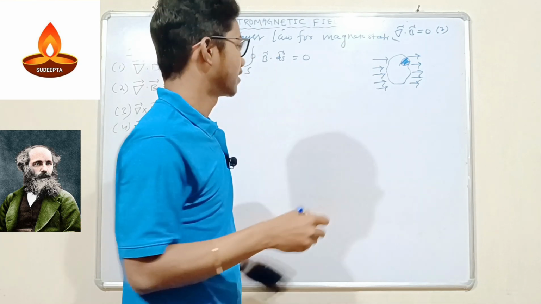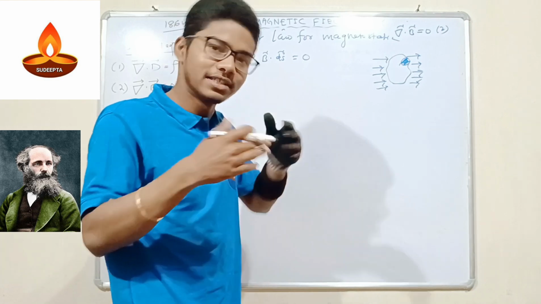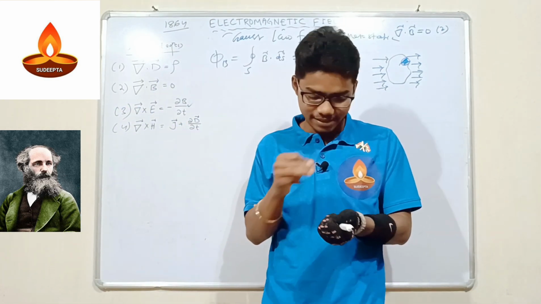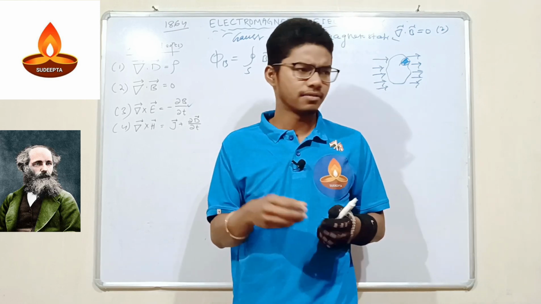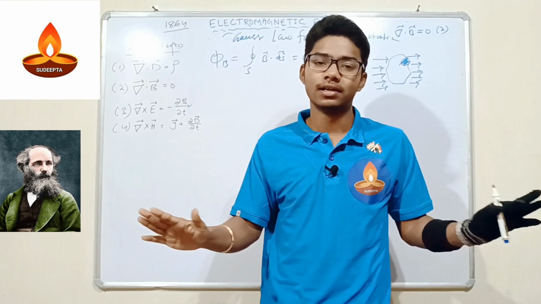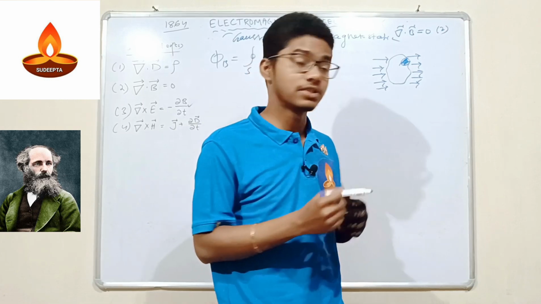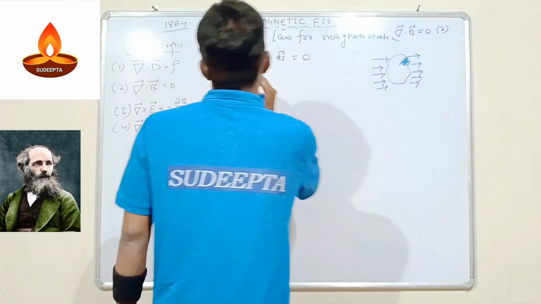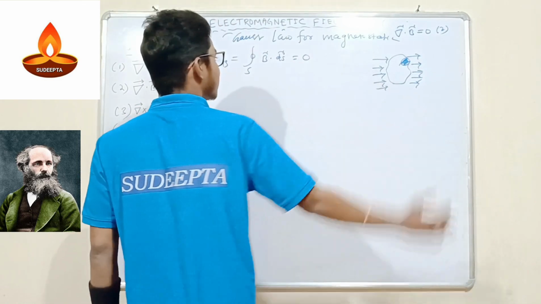This is the same statement either way, because in various books you will find various definitions, but the sense and meaning of the definitions are always equal. The magnetic flux inside a closed surface is always 0.